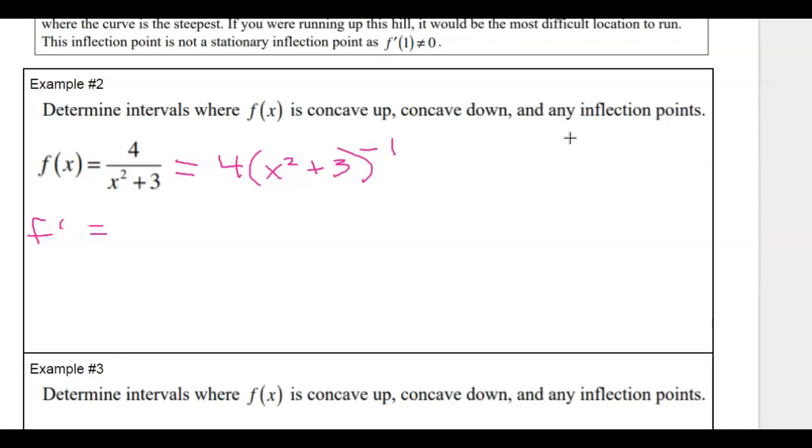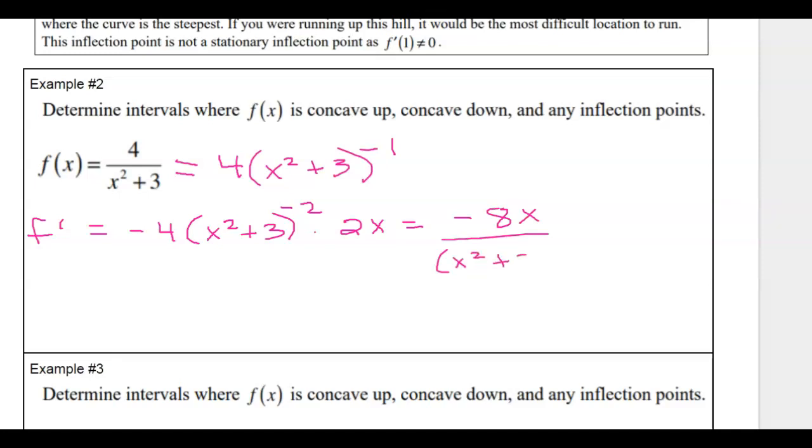So we're going to multiply. The inside stays the same. And we subtract 1. And then you always do the derivative of the inside, which is 2x. So if you write this nicer, I actually get negative 8x divided by x squared plus 3 squared.